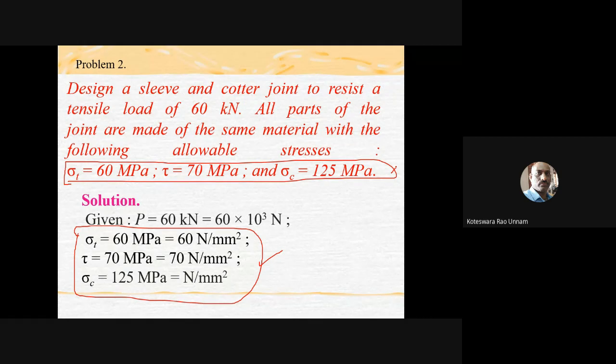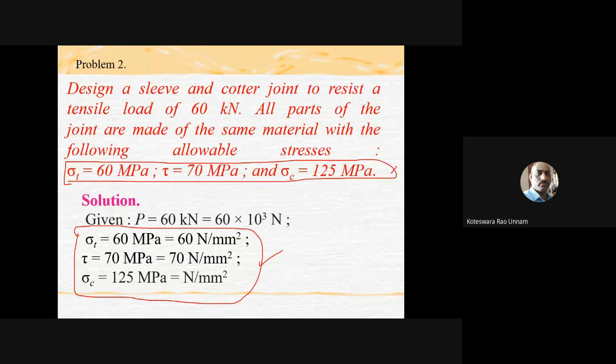So six parameters you need to calculate. We know what those parameters are also. d is nothing but the diameter of the rod end. d1 is the diameter of the extended portion of the rod end, or inside diameter of the sleeve. d2 is the outside diameter of the sleeve. b is the mean width of the cotter.